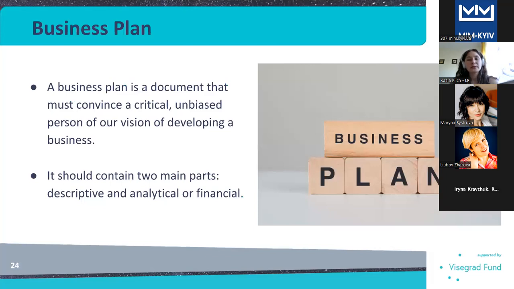But what you should know is that a business plan should basically have two parts. The first part is the descriptive part, and the second part is the analytical and financial part. This is to show that you not only have good ideas, but that your ideas are actually going to work, that they are going to be profitable, and that your business is likely to be successful.